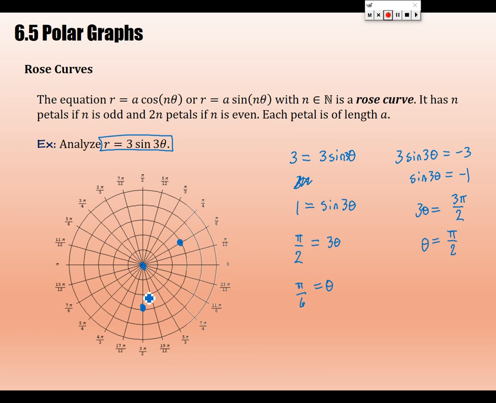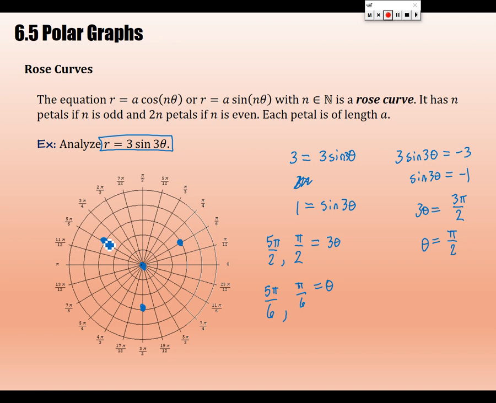Where else do we get a sine value of 1 besides pi over 2? When's the next time that happens? Plus 2 pi. That is 5 pi over 2. So if we divide that by 3, we get 5 pi over 6. So it looks like when we get to 5 pi over 6, we get another petal.